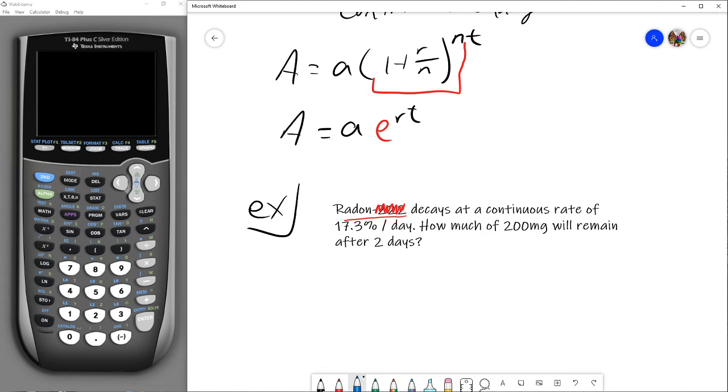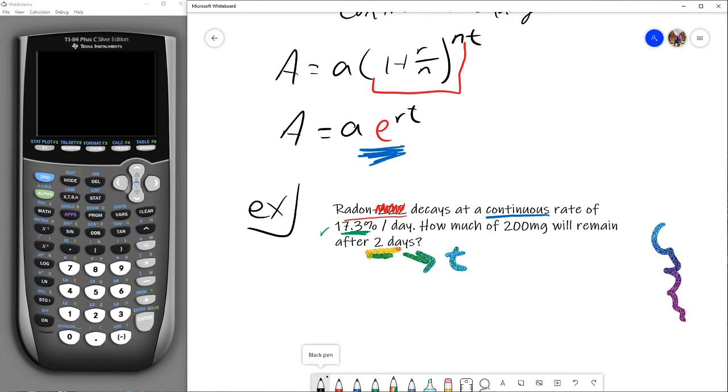We probably just broke some scientist's heart here. So continuous, that means we have to use this formula right here. 17.3% per day, so this is our R. And that right there is our t.